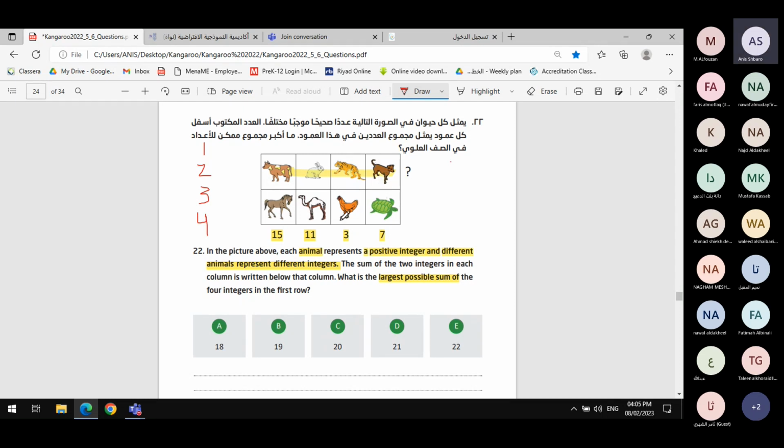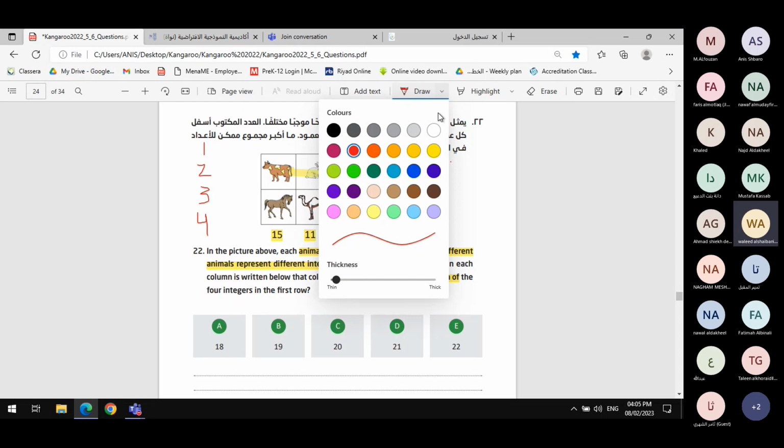Now, I remember we started with the chicken because the sum here is 3 with the tiger. So to make it easier, we start by assigning 1 for the chicken and 2 for the tiger, right? Yes, we did that.